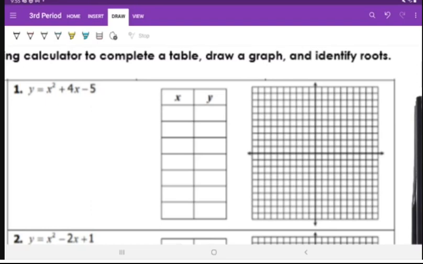Can I get a volunteer to tell me what y is equal to when x is -10? Connor, do you see it? It says 55. Does everybody see that? You all have that on your screen? Start scrolling down. Watch the y values go from 55 to 40 to 27, 16, 7, 0, -5, -8, -9, -8.